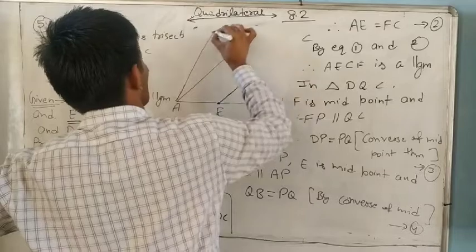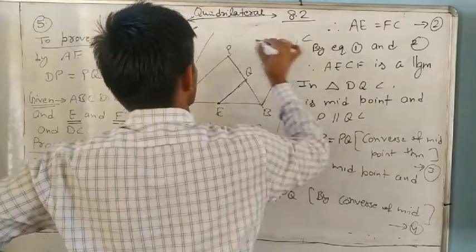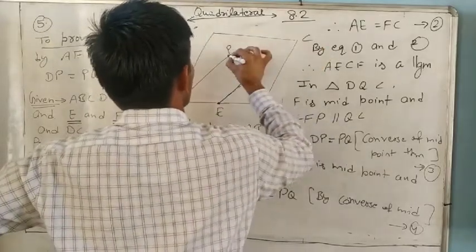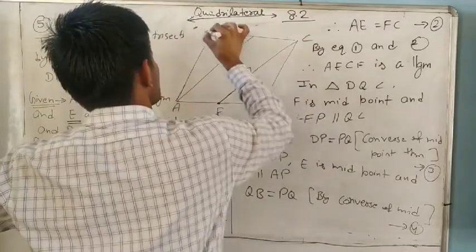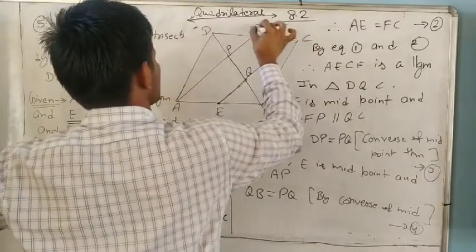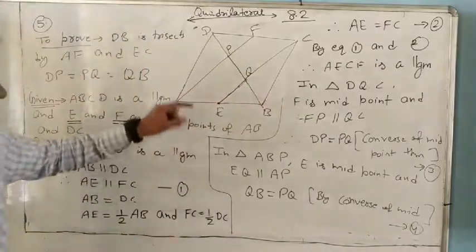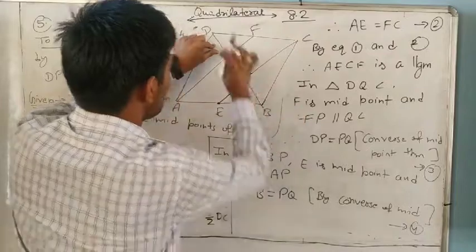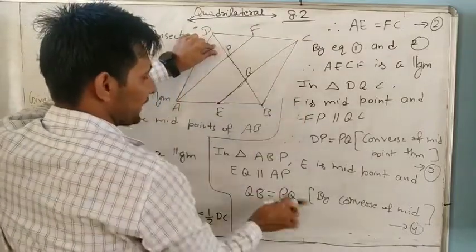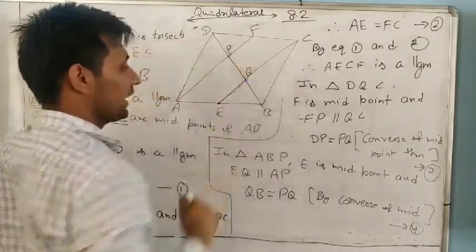From equations 3 and 4, what can you conclude? We can conclude that DP equals PQ, and PQ equals QB. It means all three are equal.